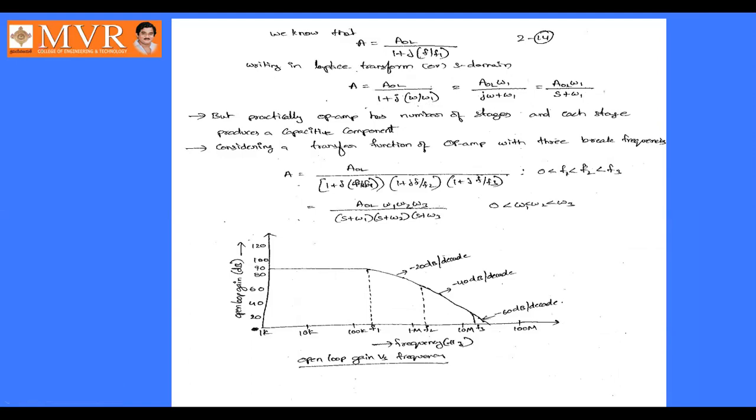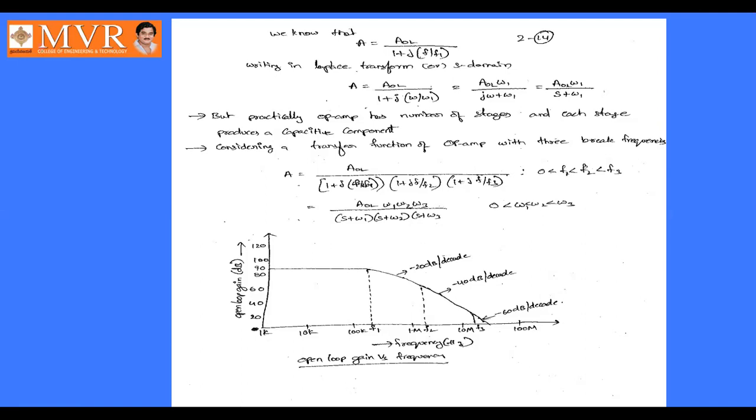But practically, we have three stages in an operational amplifier. Here we have considered only a single capacitor to write the equation for the gain. With a single capacitor, A is given by AOL into omega 1 divided by S plus omega 1.